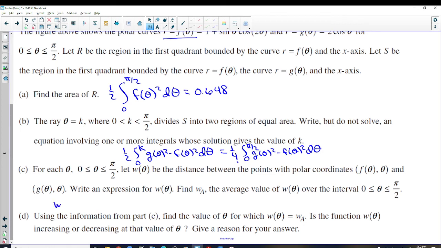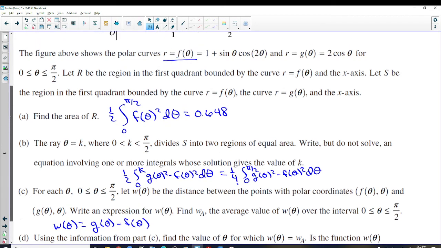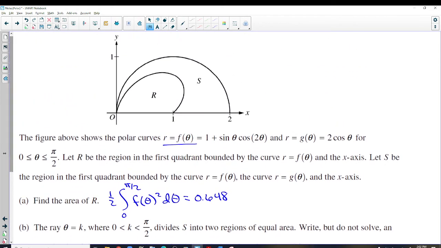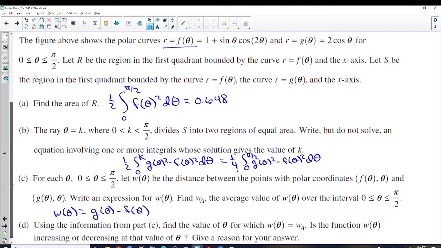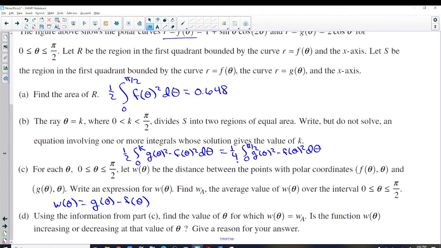So w of theta is equal to g of theta minus f of theta. And we don't have to worry about absolute value on this because g is always farther than f. So g goes all the way around like this, all the way here. f is always less than it. So the answer will always be positive. So absolute value is not necessary.